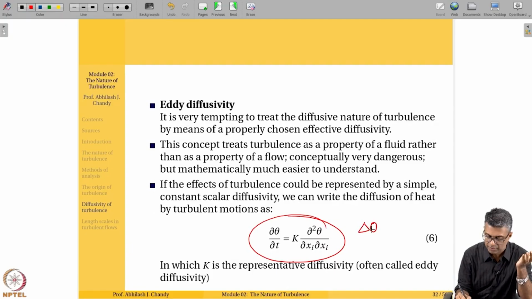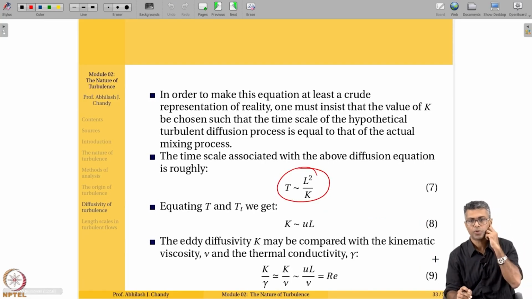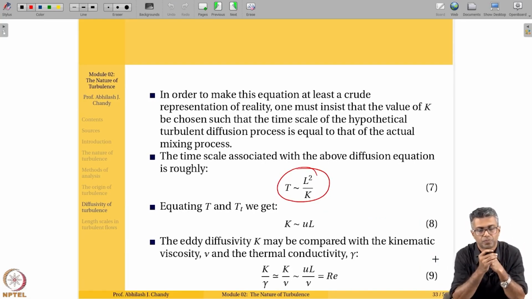So this would be delta theta over T is approximately equal to, order of magnitude analysis, K times delta theta over L squared. So from here delta theta and delta theta get cancelled and T is approximately equal to L squared over K, which is essentially what I wrote here in equation number 7.